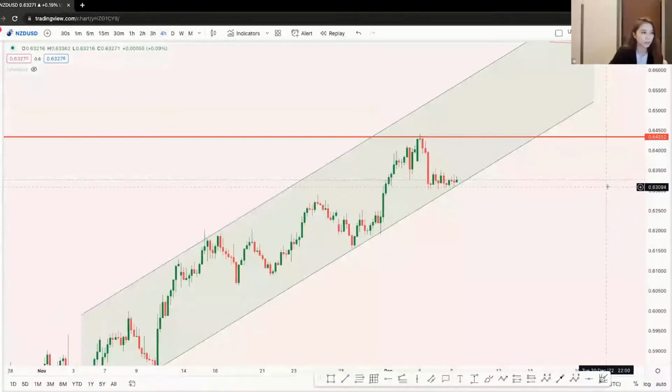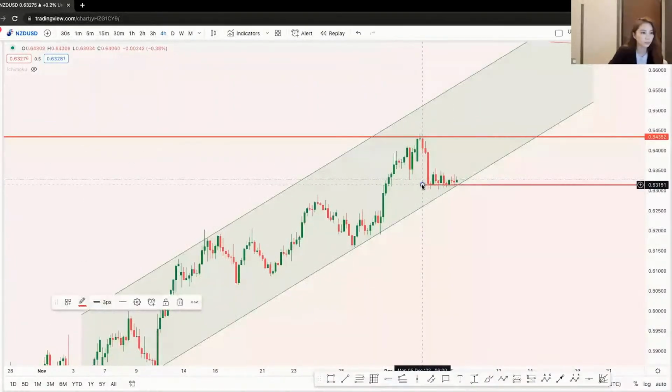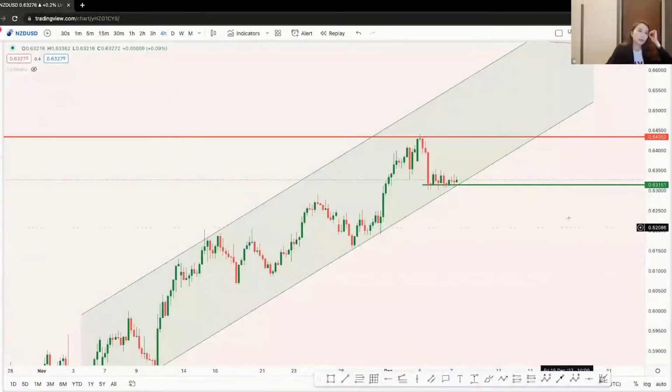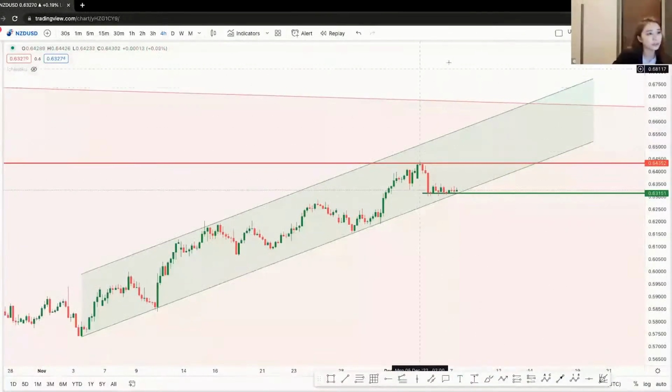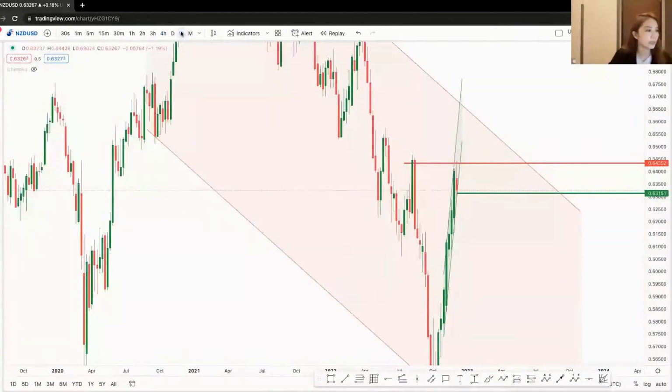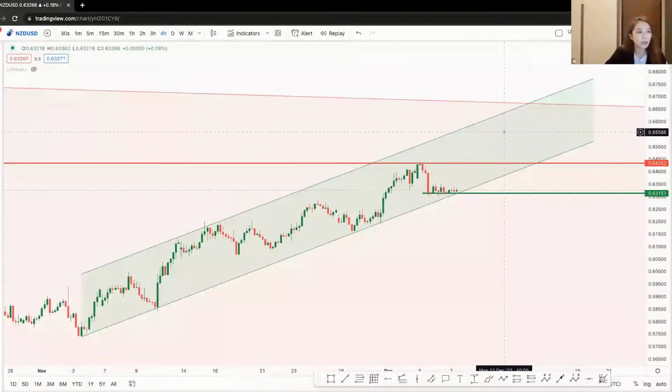We are also seeing an indication of support here. So many touch points for this. I would say this could go both ways in terms of moving towards a resistance on the bigger time frame, like on the weekly, where the price moves past that and moves towards the bigger resistance of the downward channel.